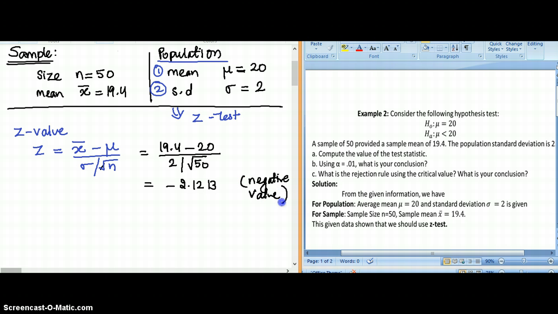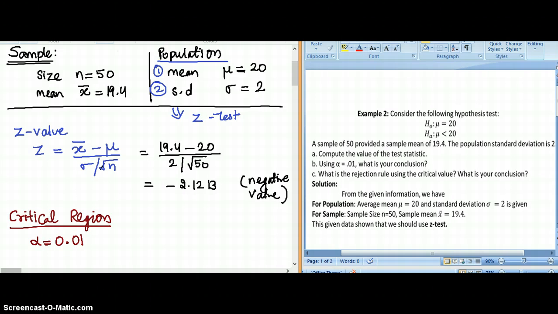Now part B, alpha equal to 0.01, what is your conclusion? It means they are talking about our decision. For that, first we need to find the critical region, where the level of significance alpha is given to be 0.01, that is 1%.